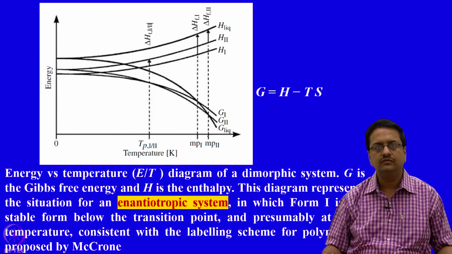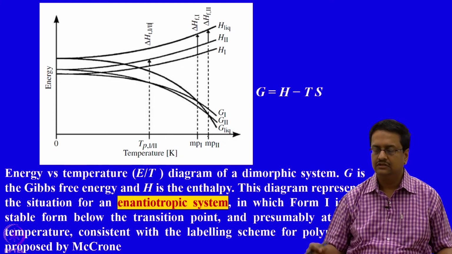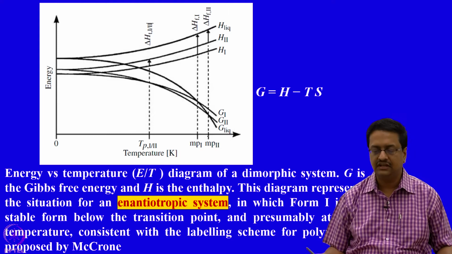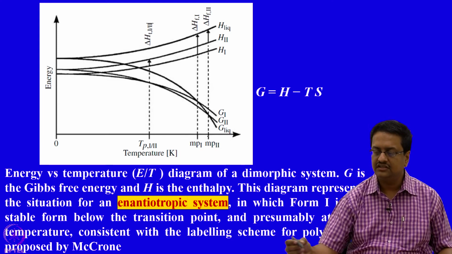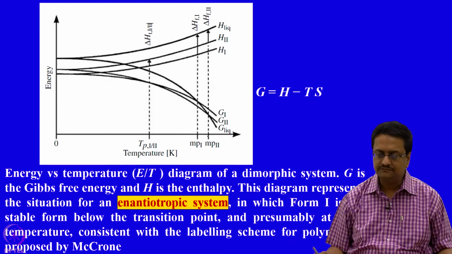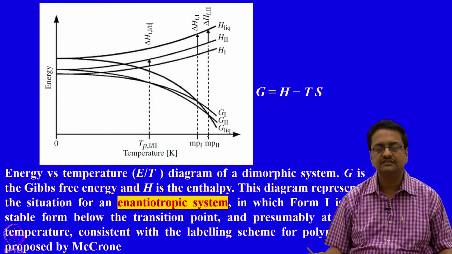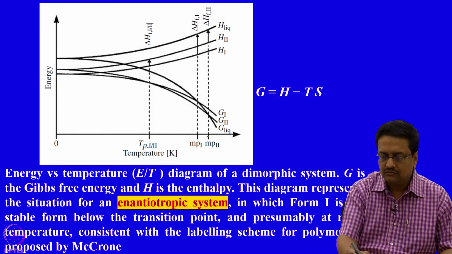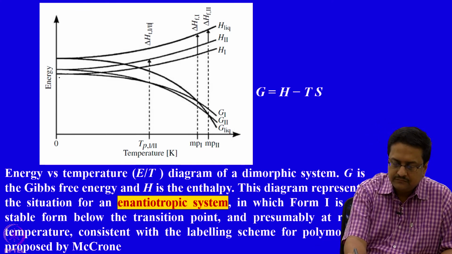Here we show the Gibbs free energy versus temperature plot, where G equals H minus TS, and what we have here is the energy versus temperature diagram of a dimorphic system.